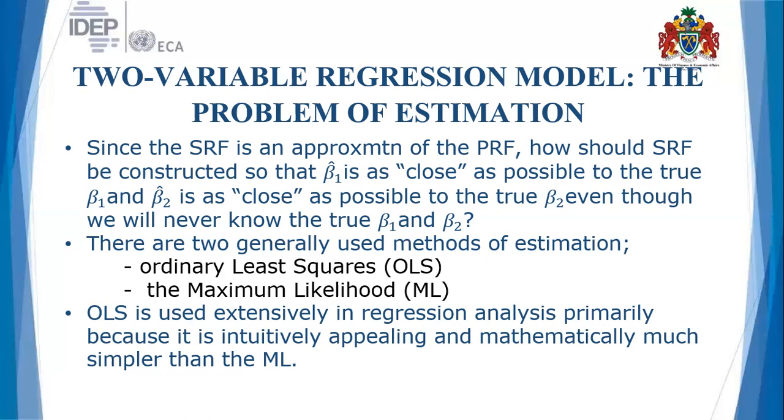There are generally two methods that are used for this estimation. First is the ordinary least squares method and the second is the maximum likelihood method.